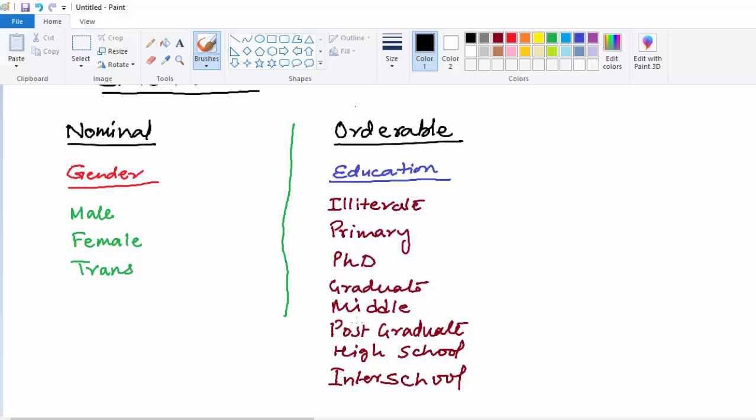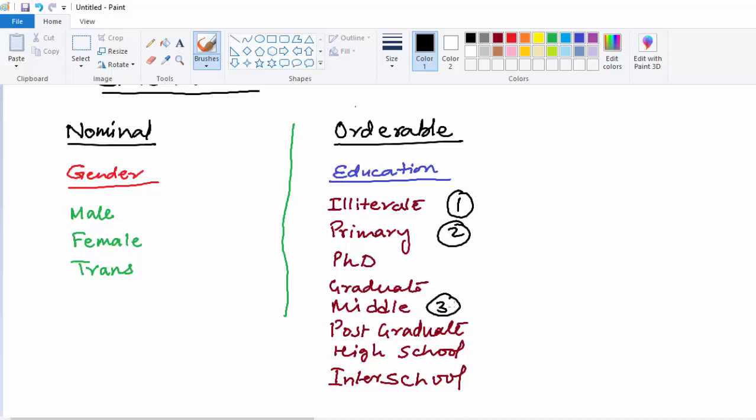Now I ask you to give the order from lowest to the higher education. I think that the person who is literate, having some knowledge, will give the same order. Here I give the order. Suppose if somebody is giving the order like illiterate 1, primary 2, everybody will give the same order.